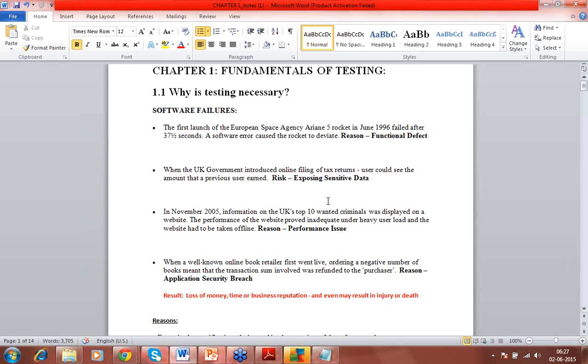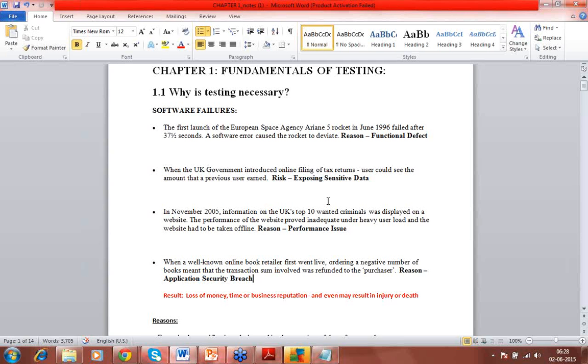Those are good examples where, as soon as the website is open, people browse to it and try to make use of that particular offer, trying to book or order certain things, which results in performance issues where the server system might crash or go offline for a long time. The biggest problem with that is again the reputation. As you all said, the business reputation, the company reputation will go down.